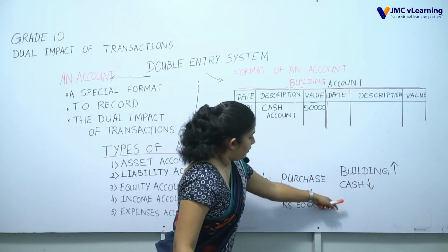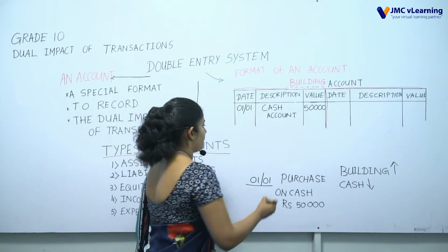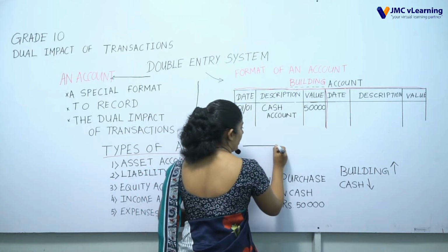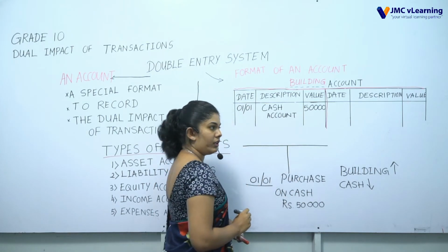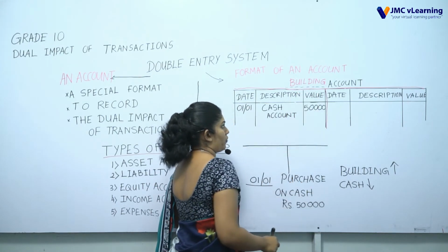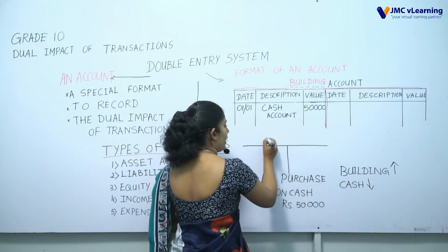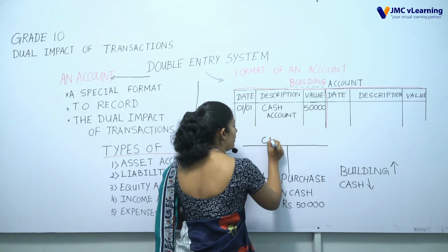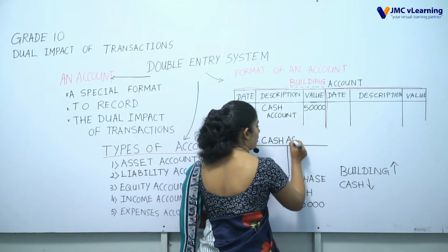So, if I record the other impact of this transaction, I'll use the T format like this. Now this is building account. The other impact is in cash. Therefore, we have to open a separate account for cash account.